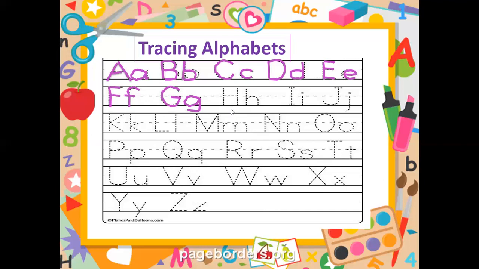Now it's turn of letter H. How will you write the letter H? The letter H is too easy and too simple. We are using two simple lines in the writing of letter H, which are the standing line and sleeping line.